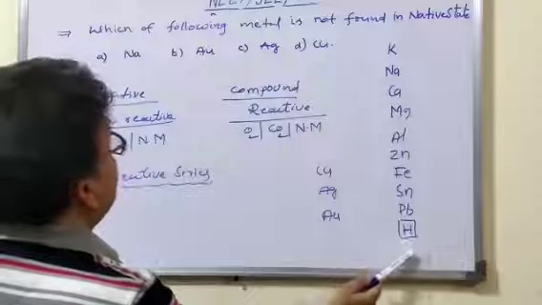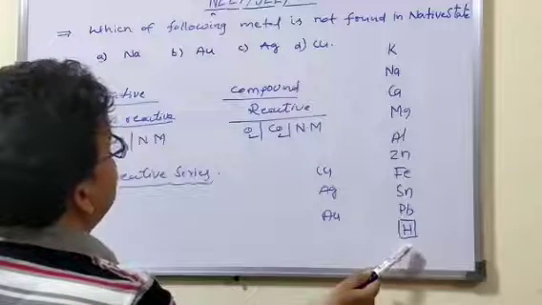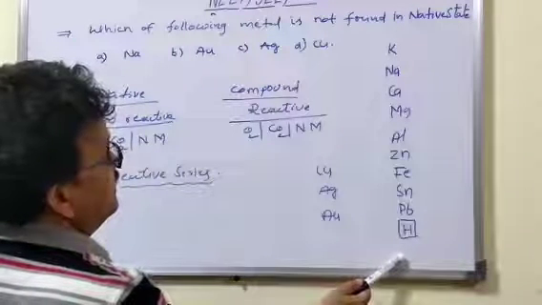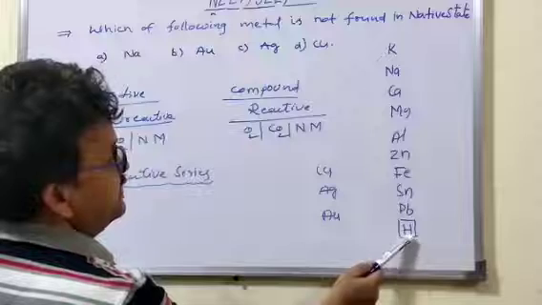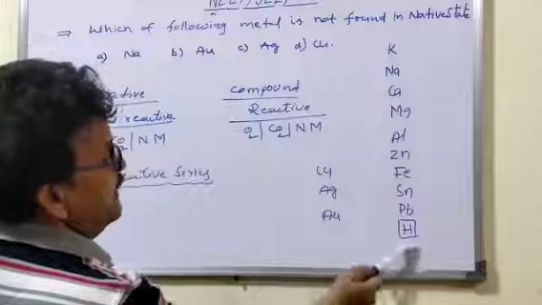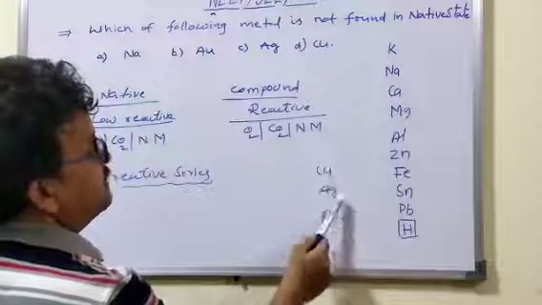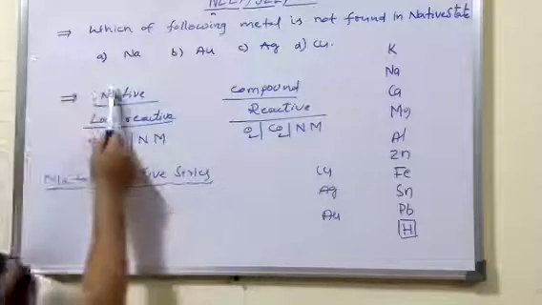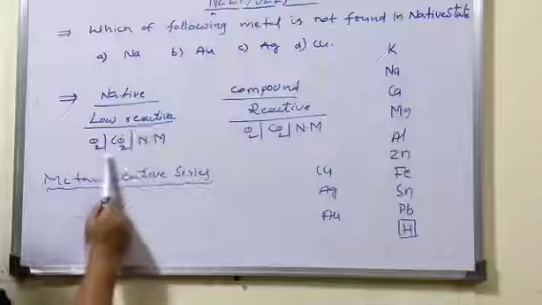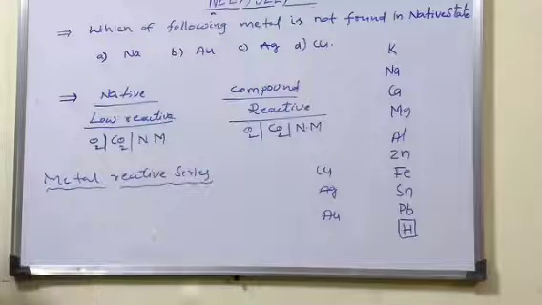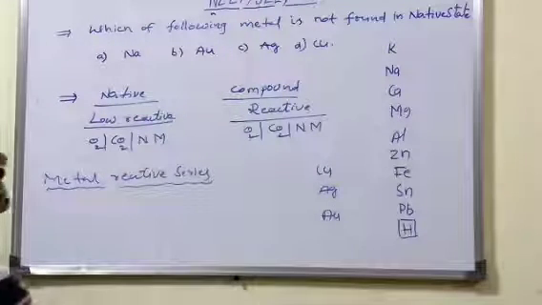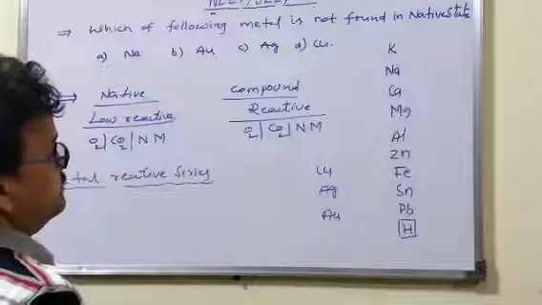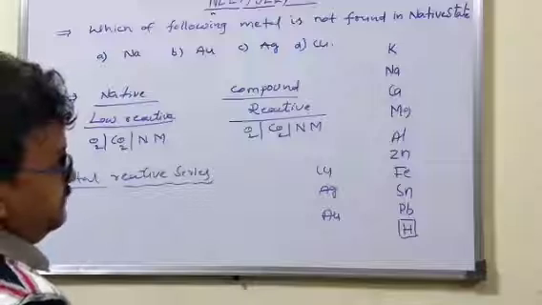Metals which are in the series down, that is below the hydrogen, those are copper, silver, gold, are low reactive. Low reactive means they can't be affected by these elements, and these are in native form.